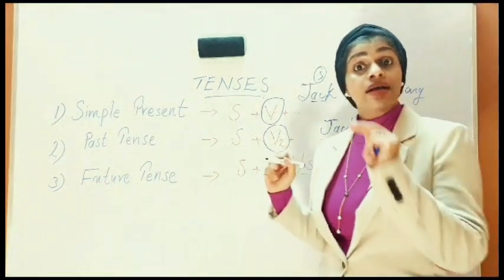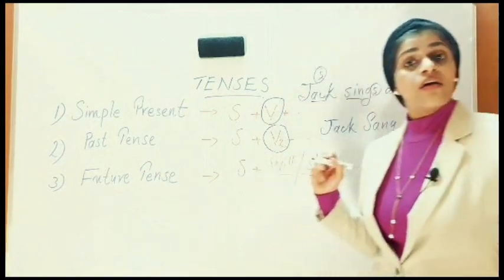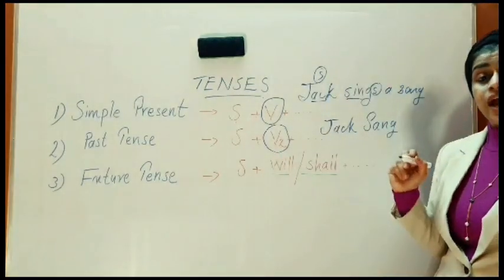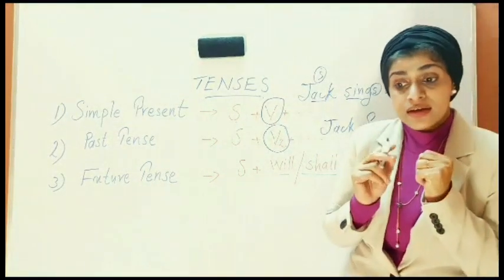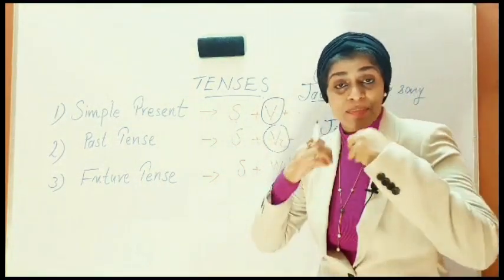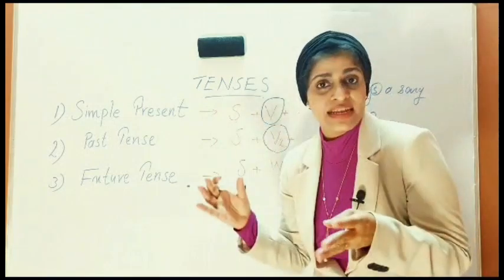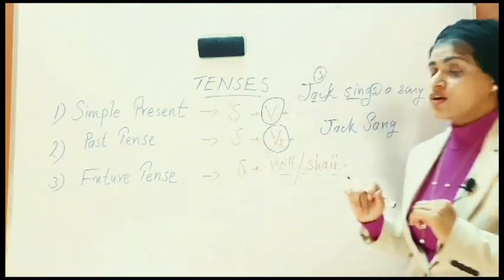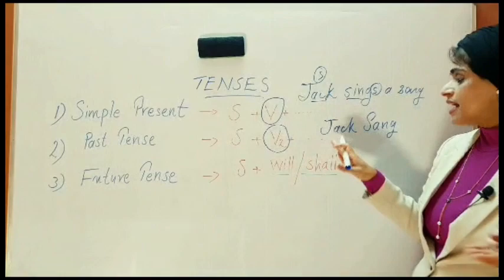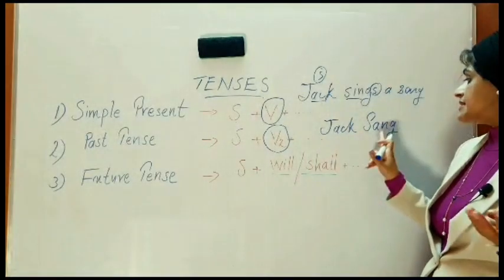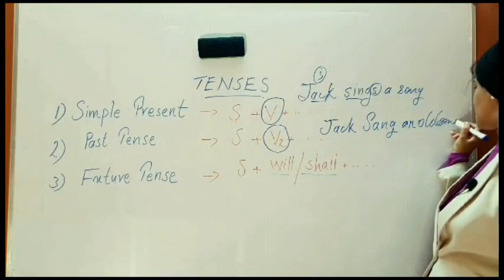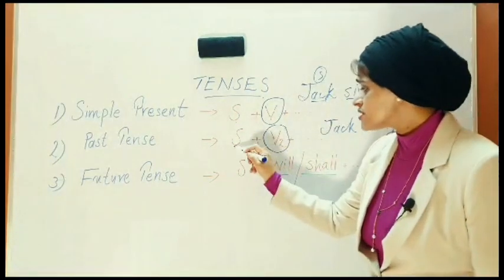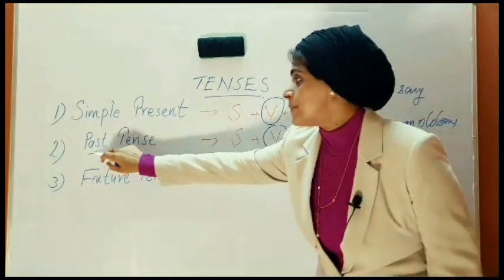Jack sang a song yesterday on the program, or Jack sang a song. Jack already completed the action, and it happened yesterday, okay? Or before yesterday or last week. So Jack sang an old song, okay, so you got it. So subject plus V2, that is past tense.